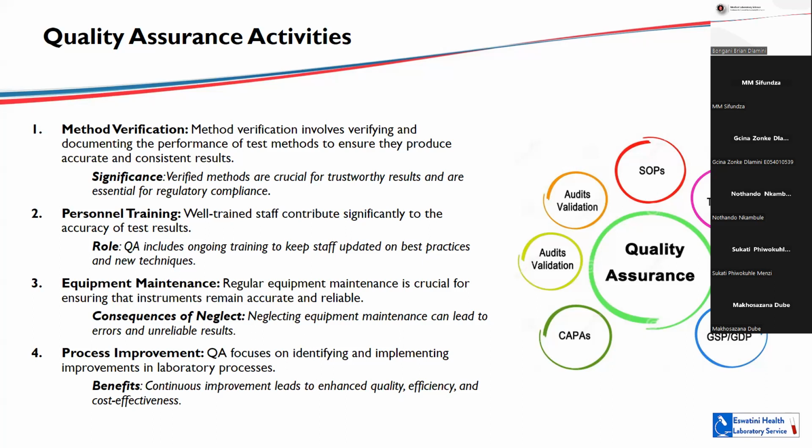So we need to emphasize that equipment maintenance is very critical, because it is one QA activity that is proactive and will prevent damage to the analyzers. So we really need to adhere to the schedules that are highlighted.